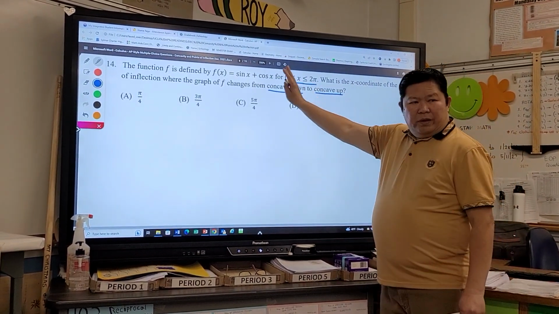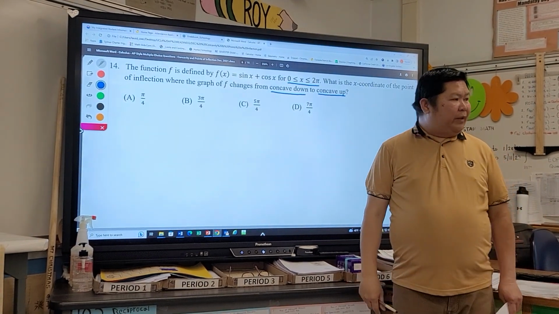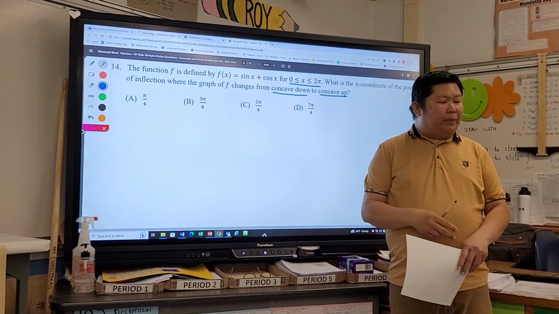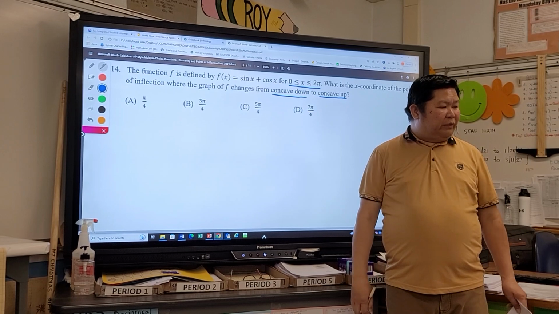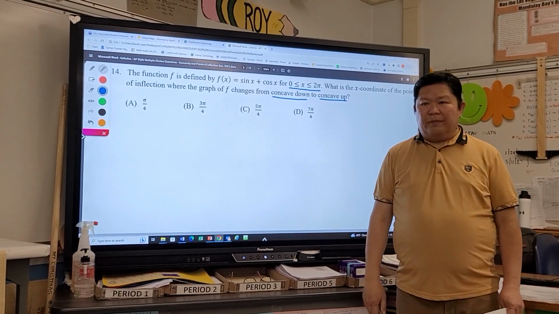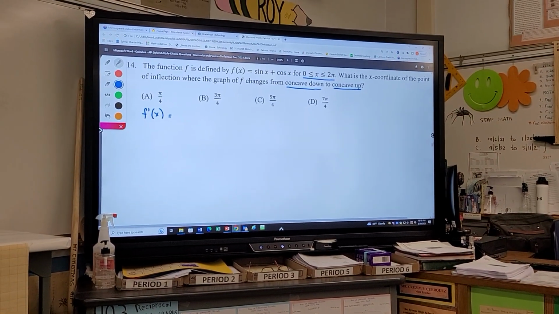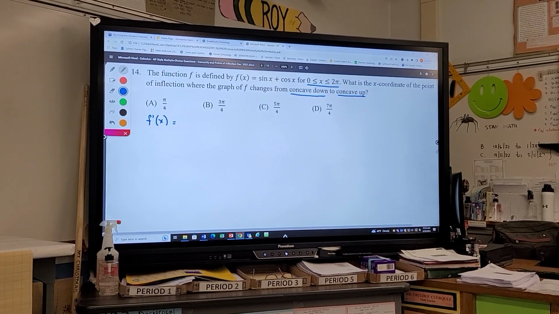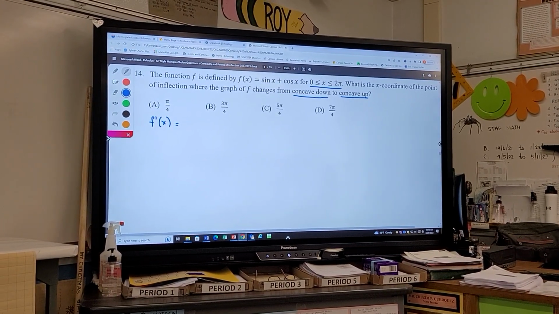So the first step is to take the first derivative. Everybody please take the first derivative of the given function. Derivative of sine x, Jenny? Cosine.